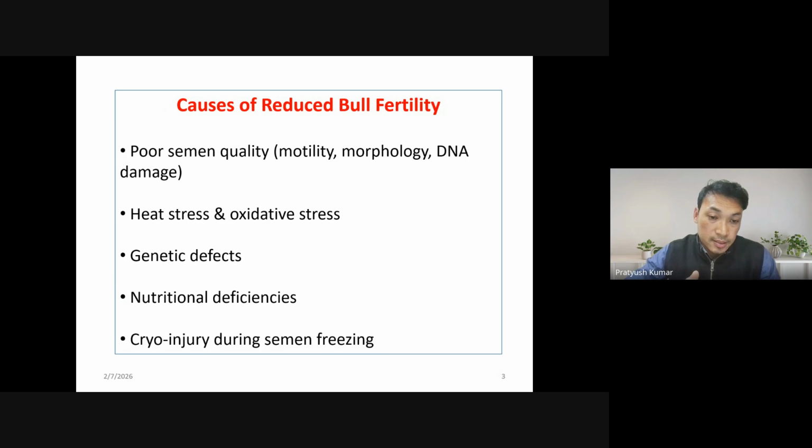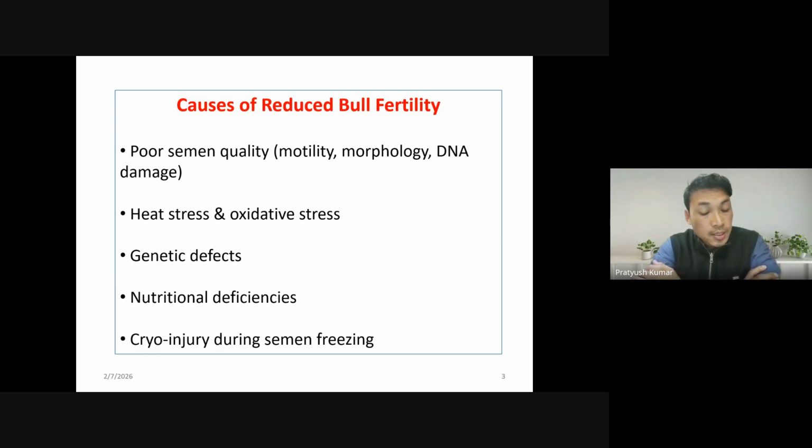Other causes like nutritional deficiency. See, to produce good semen and to get a good quality bull, nutrition is a very important part to be managed.